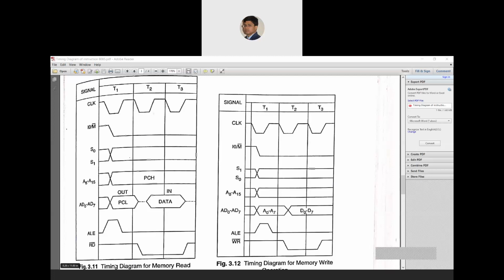You can see that the timing diagram of memory read is 3.11. Now the diagram is similar to the opcode fetch operation, because you can see the signals are here. As it requires only 3 T states, it is T1, T2, T3.